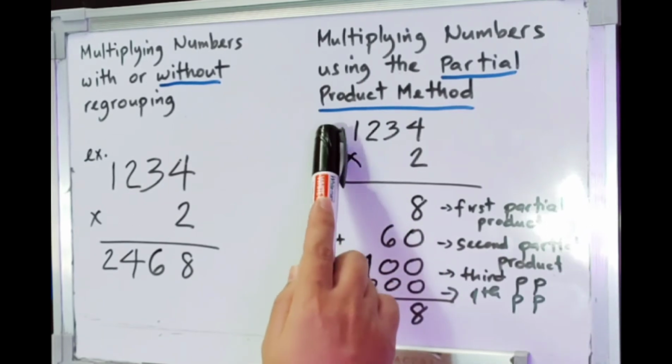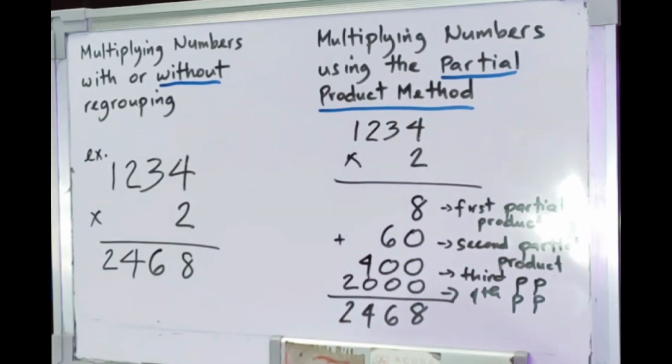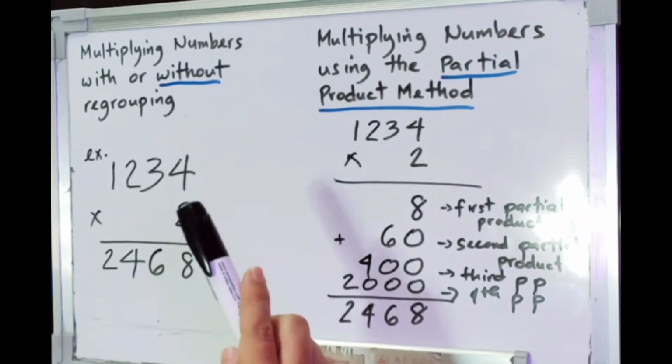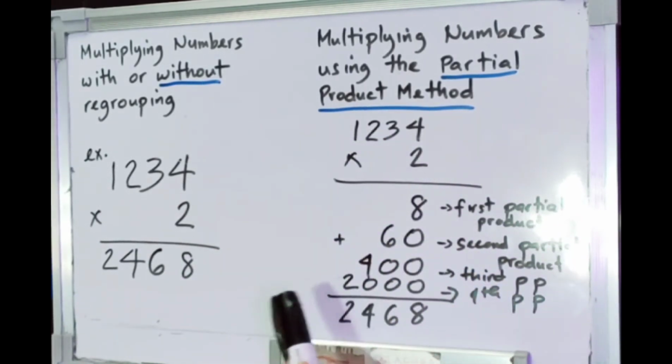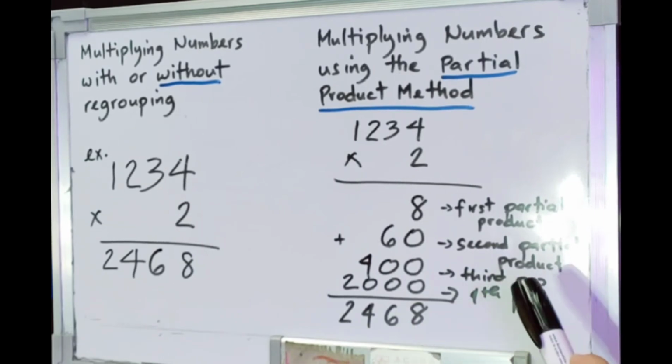But remember, 1 here is in the thousands place, so its value is 1000. So 2 times 1000, that's 2000. So this is the 4th partial product. We have 4 partial products. We add all of them to get 2468.